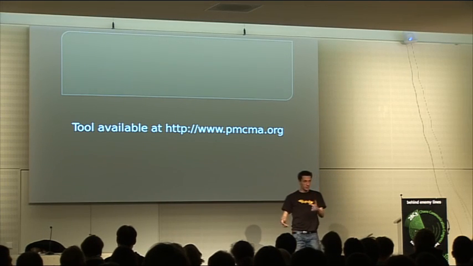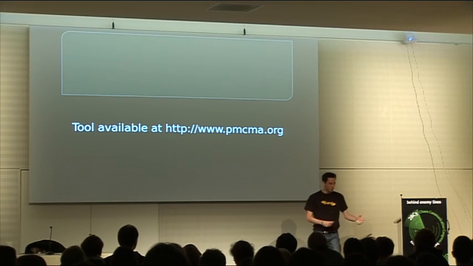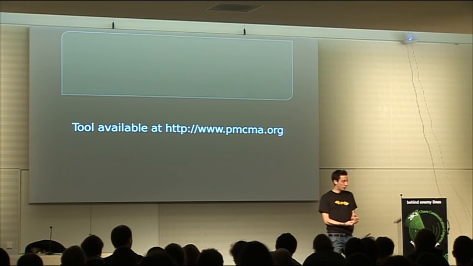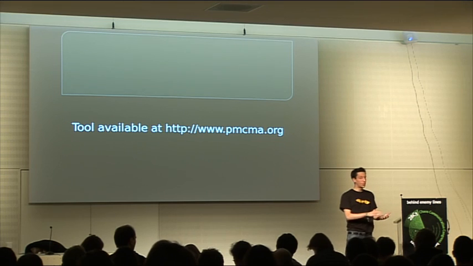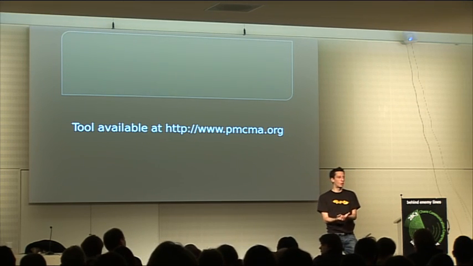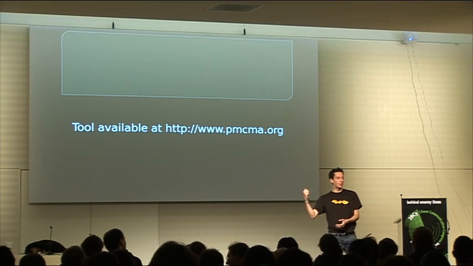So, this is not about Pmcma, right? It's about the stack corruption thing. Basically, if your application is not forking, so if it's using threads, or it's simply not a network daemon, you're doing local exploitation, so you're attacking sudo.